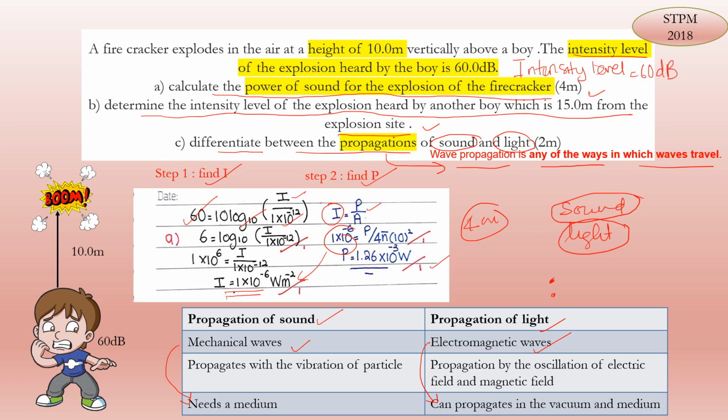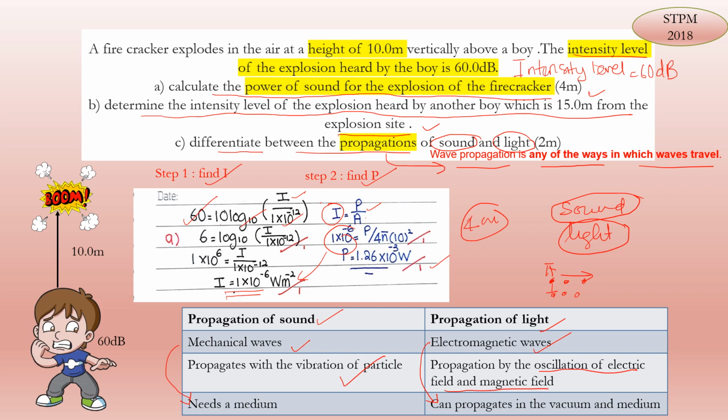Because sound uses the help of the vibration of the particles in order to propagate, that means to move forward. So it needs to propagate with the vibration of particles. But electromagnetic wave, which is the light wave, one of the examples is the light wave, it can travel in a vacuum because it travels by the oscillation of electric field and magnetic field.